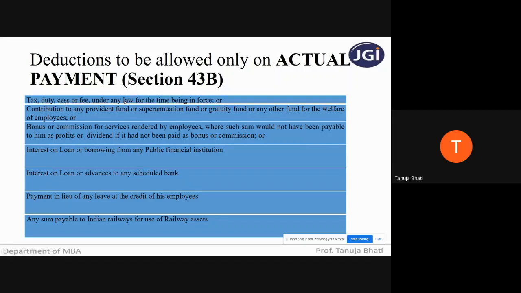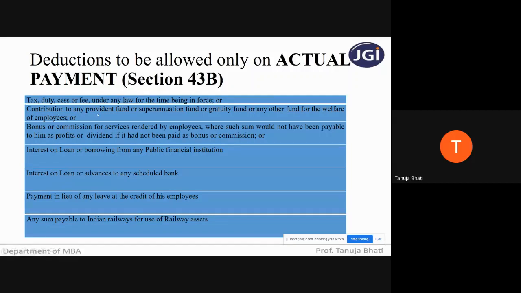Obviously this is an expense in the eyes of the business and you will show it in the P&L account debit side, but you are allowed to take the benefit of this expense only if you have made the payment in actual. If you're only showing it for the purpose of the books but actual payment is not made in that particular year or before filing the return of that particular year, then such expense will be completely disallowed.